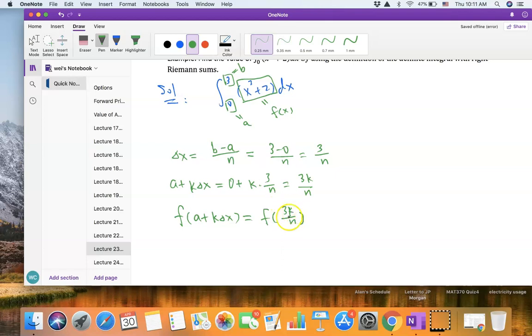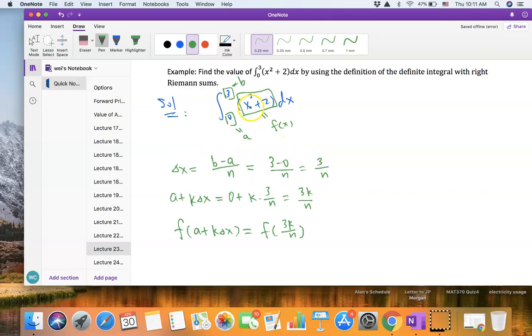We want to evaluate the function when x is 3k over n. The function is x squared plus 2. Therefore, when x is 3k over n, the function is (3k over n) squared plus 2.